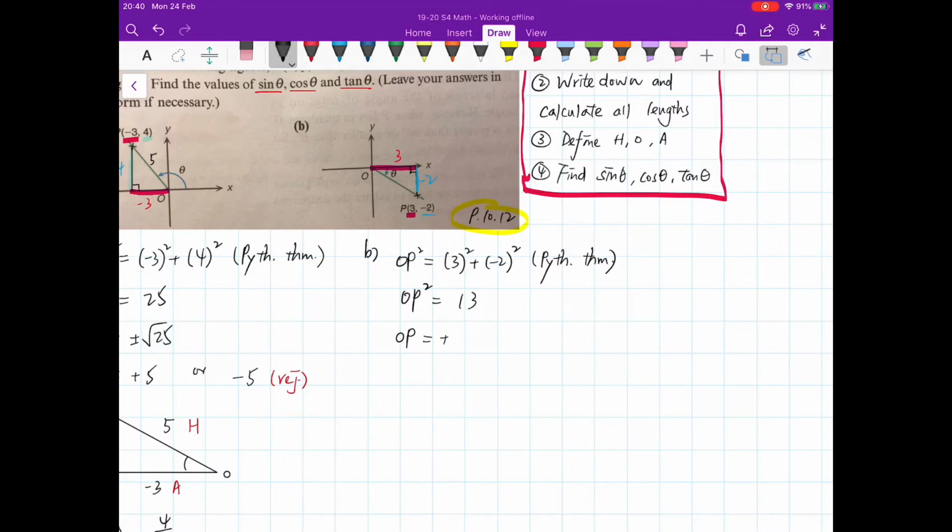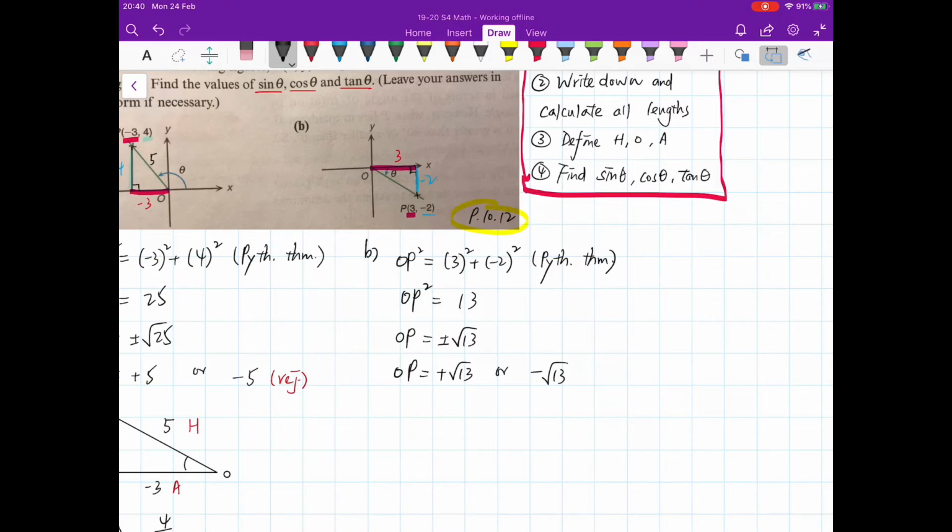Once again, when we're taking the square root, we have to write a plus or minus in front of the square root. And finally, there are two values for OP: positive square root of 13 or negative square root of 13.